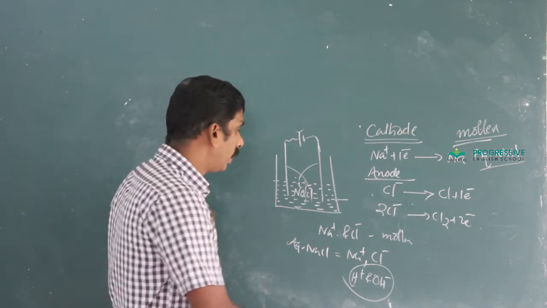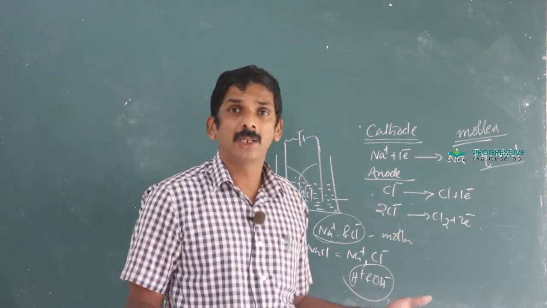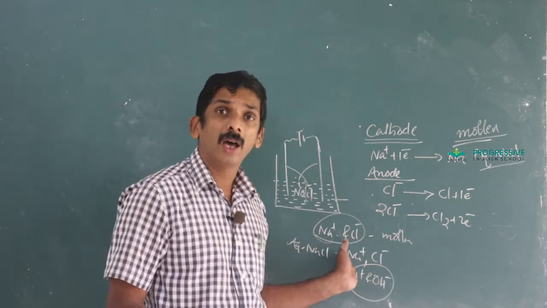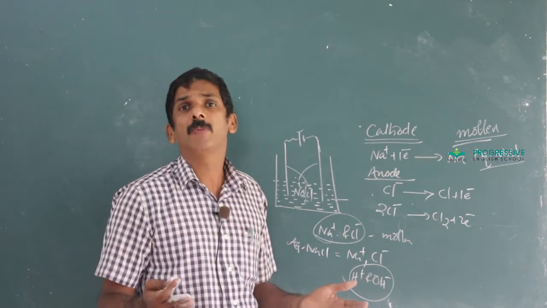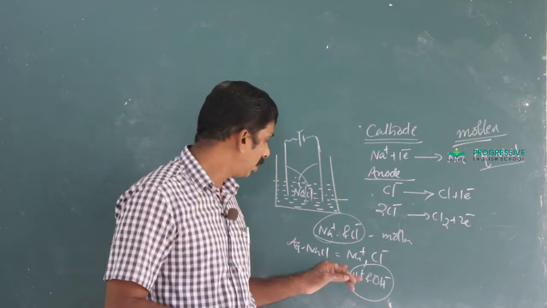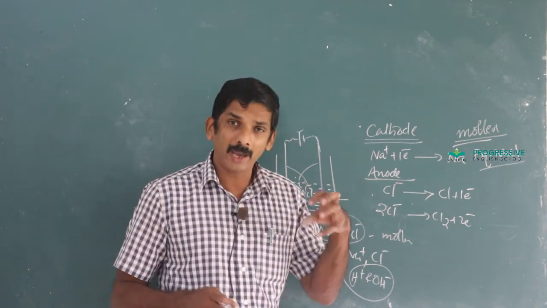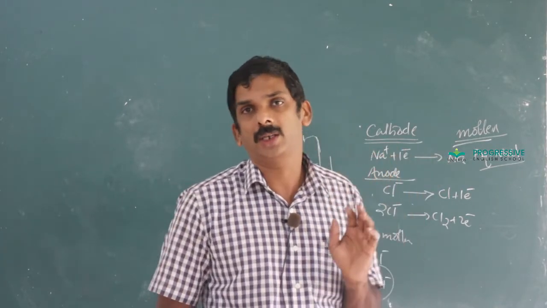Clear? If it is molten sodium chloride, no other factors interfere with the mobility of ions because that contains only Na+ and Cl- ions. But that is not the case with aqueous NaCl. Aqueous NaCl means sodium chloride dissolves in water.